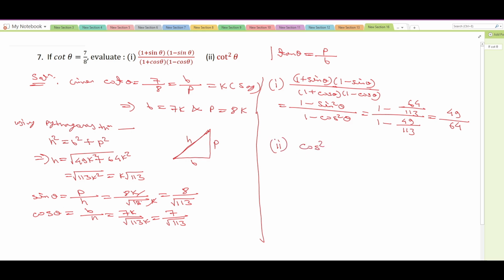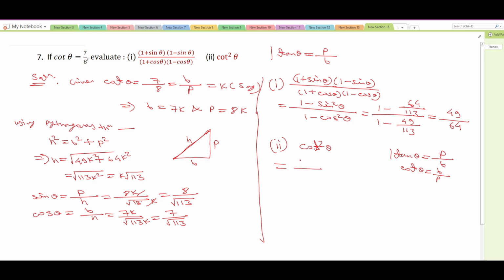Question 2. Cot square theta. Since tan theta equals p by b, so cot theta equals b by p.